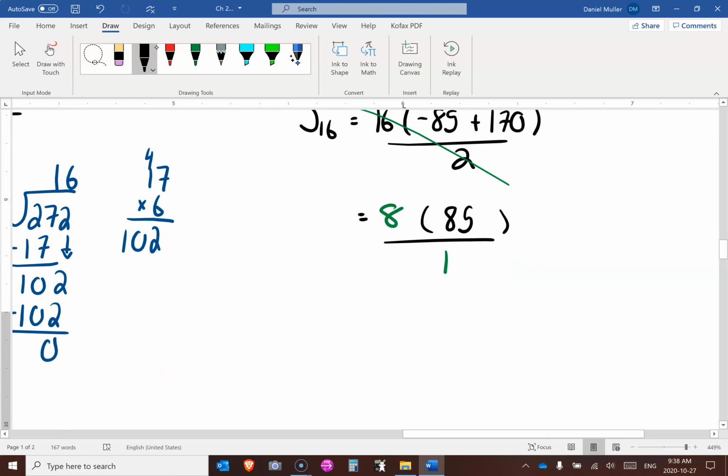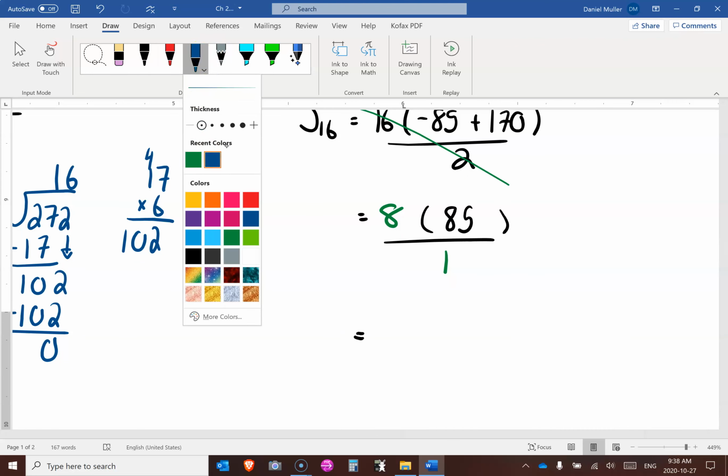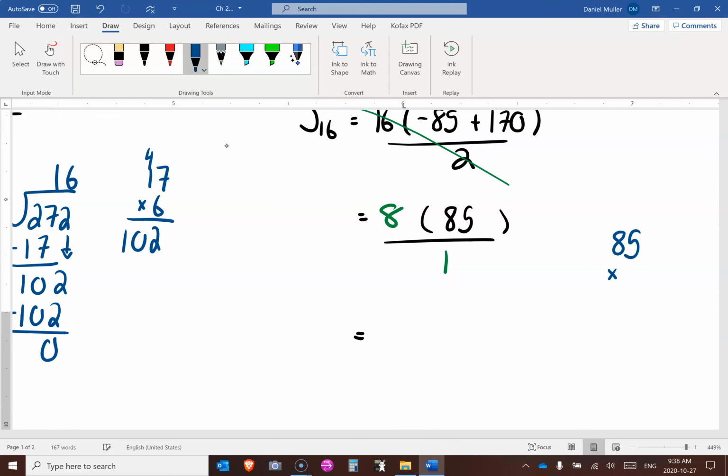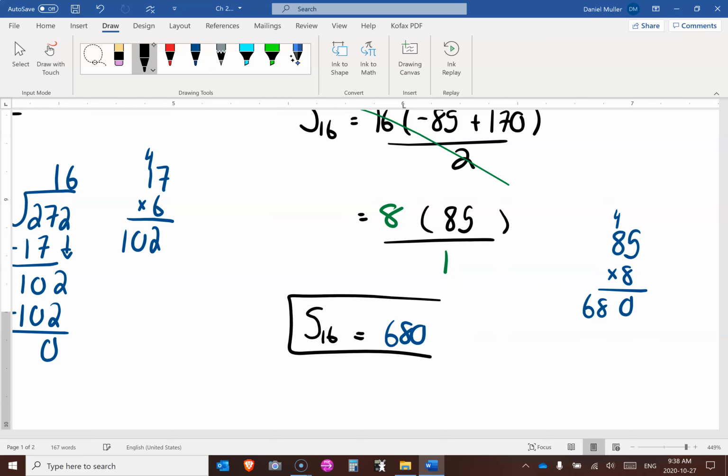But I don't know what 85 times 8 is. So let's figure out what 85 times 8 is. 85 times by 8. 8 times 5 is 40, and 8 times 8 is 64. So 680, and I don't need the over 1. So that is the sum of the first 16 terms, 680.